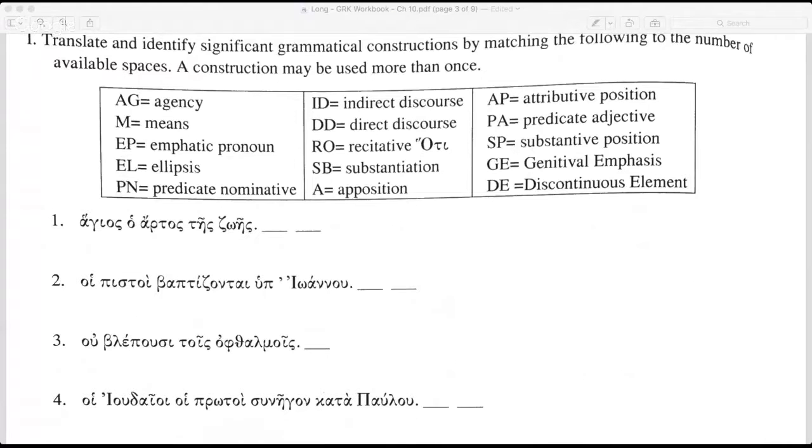You see agency here, and this hoti is functioning as a recitative hoti, and this adjective is in a substantive position. We have a genitival emphasis, and so on. It's basically doing a grammatical analysis of the Greek itself. And so this is our bucket of grammatical terms up until this point, and it's worth acknowledging that this is where we're at.